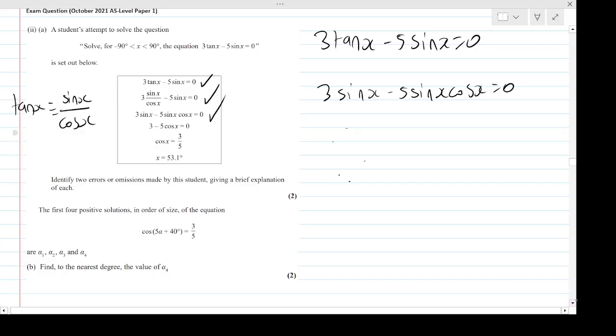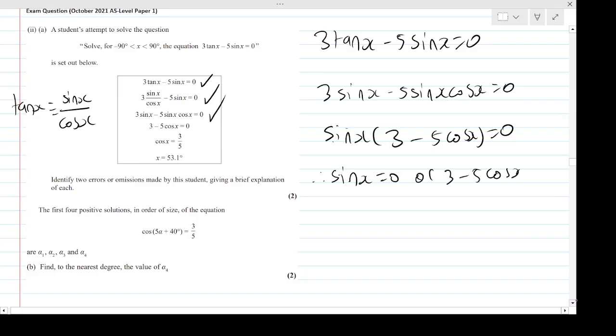We can factorise here because a sine x is common to both terms. So if we factor a sine x out, we get sine x lots of 3 minus 5 cos x equals 0. That gives us 2 factors equal to 0. So that means either sine x is 0 or 3 minus 5 cos x is 0.